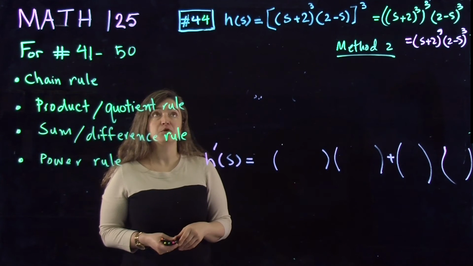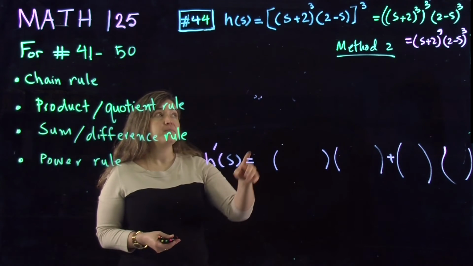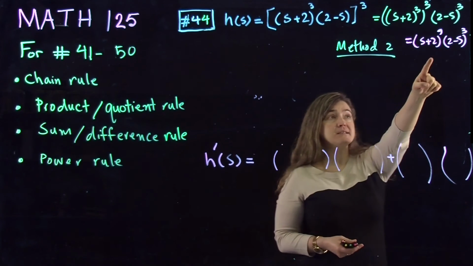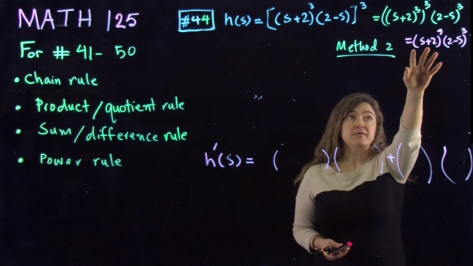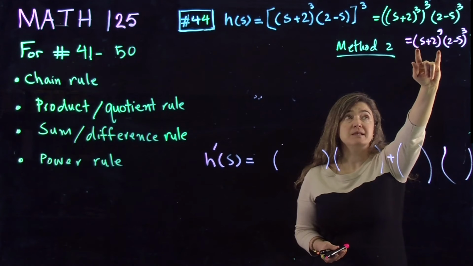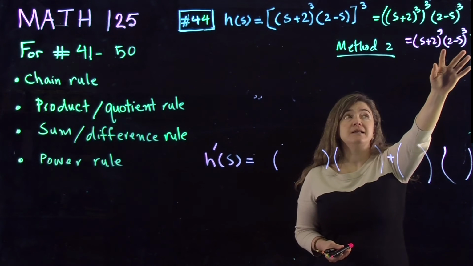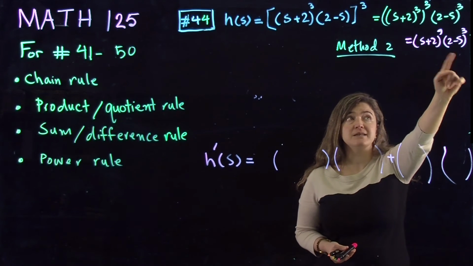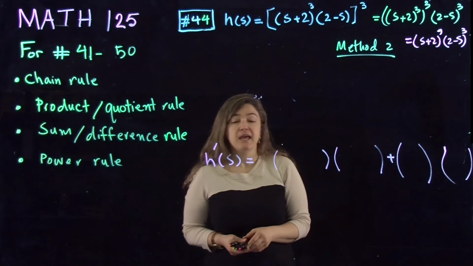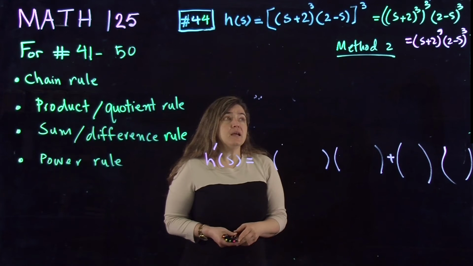Using the second method for number 44, what I see here is a product rule. The first factor is s plus 2 to power 9. The second factor is 2 minus s to power 3.